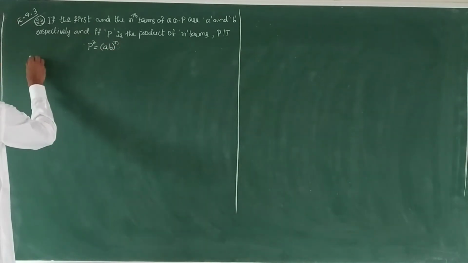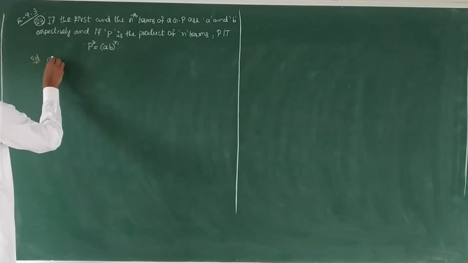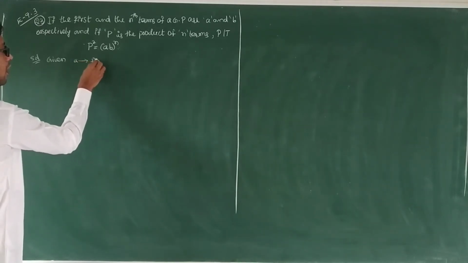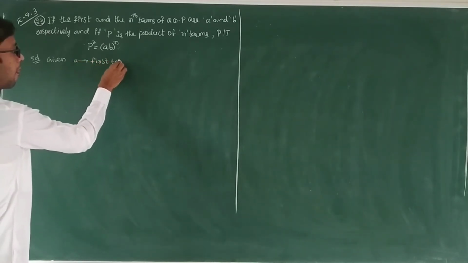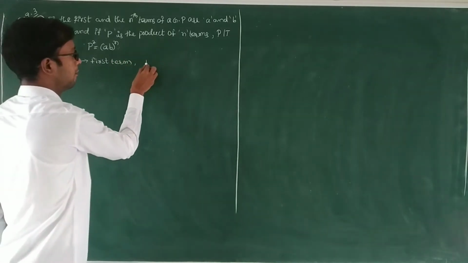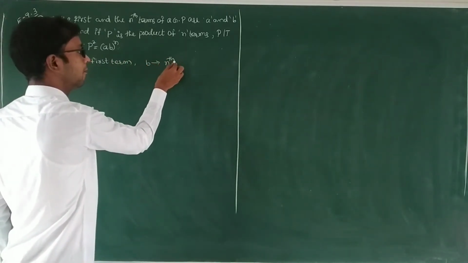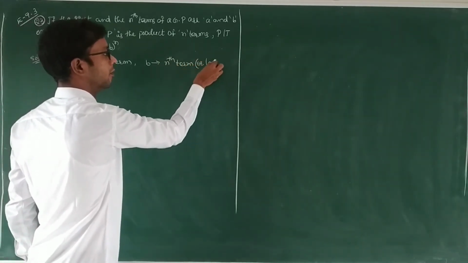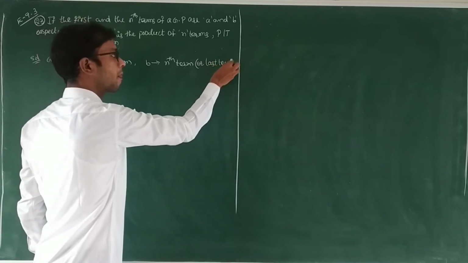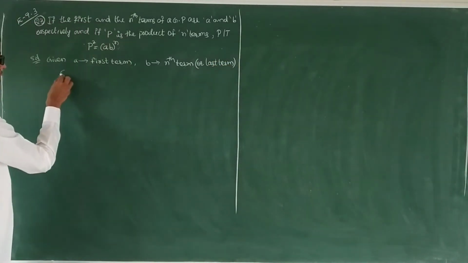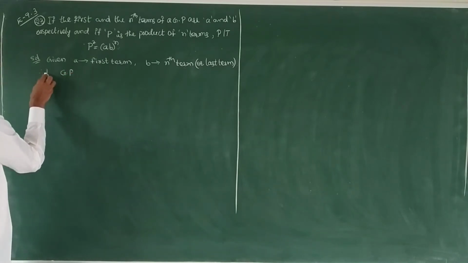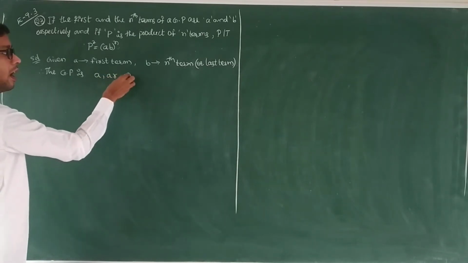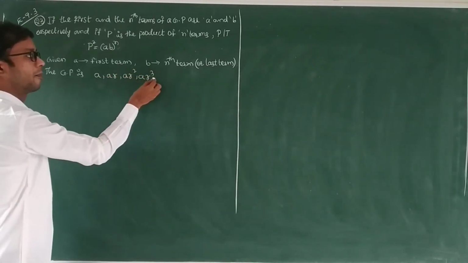So for that purpose I am writing here, given: A is the first term and B is the nth term, or we can write last term also. So I write here geometric progression. Therefore, the geometric progression is A, AR, AR square, AR cube up to n terms.